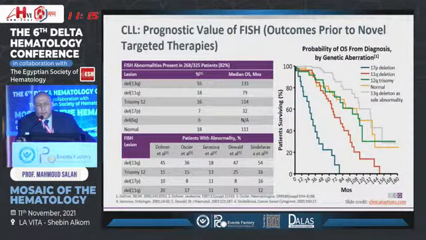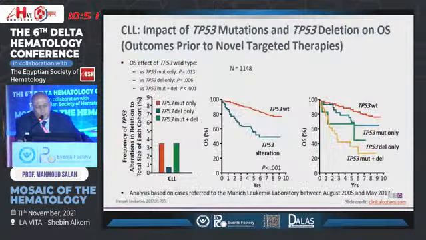Here is the prognostic value of the FISH analysis for the patients. As you can see from this curve, patients harboring the deletion 17p have the worst prognosis compared with normal karyotype or other deletions like 13q deletion.